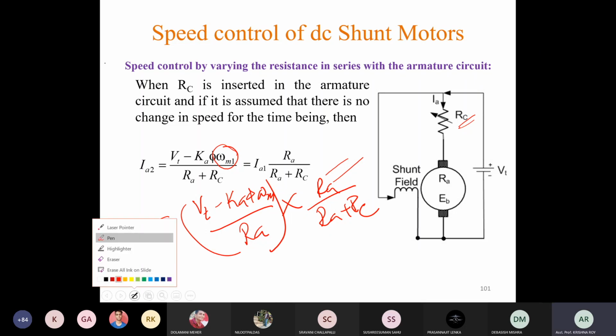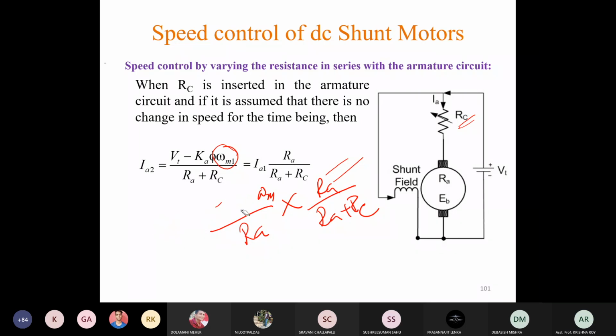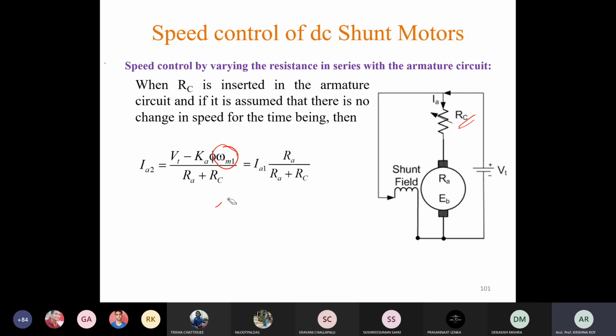Now tell me which current has the higher value, Ia1 or Ia2? Ia1, obviously, because this ratio Ra by (Ra plus Rc) is obviously less than 1. So Ia1 has the higher value, and Ia2 is less than Ia1.